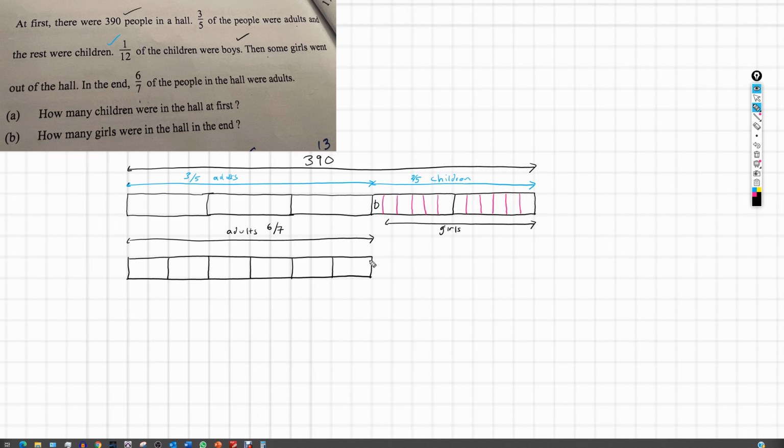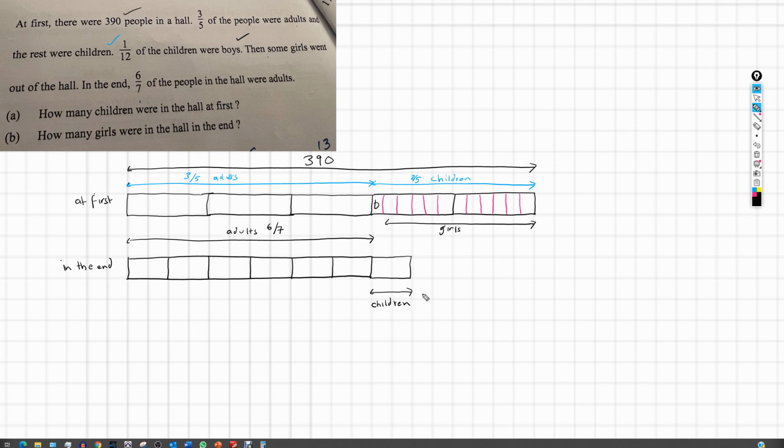And how big is a 7th? We can see how big a 7th is. That's going to take us to here. So this is the children, at first, and this is in the end.